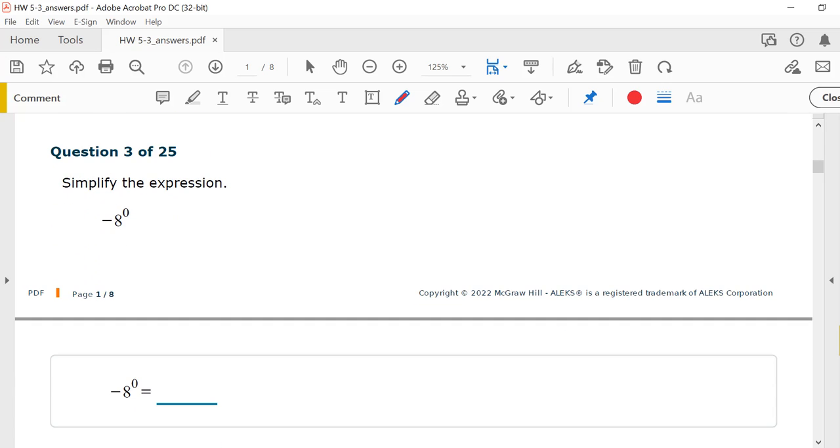Number 3, negative 8 to the 0. That's different than negative 8 in parentheses to the 0. Negative 8 in parentheses to the 0 is 1, but that's not what we have. We have negative 8 to the 0, which is the same as saying negative 1 times 8 to the 0, which is negative 1 times 1, which would be negative 1.